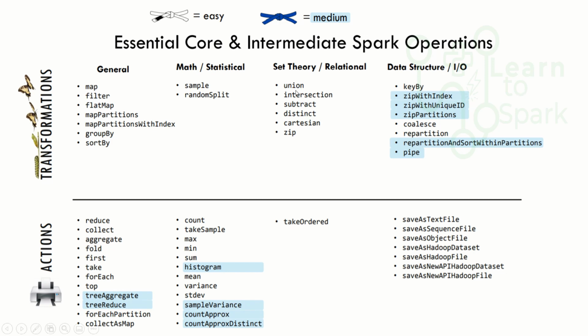In set theory you can see union, intersection, subtract, and in data structure you can find zip with index, repartition, coalesce. And in our actions you can find collect, reduce, fold, first, take. You can go ahead and read it. I will pause it for a few minutes.